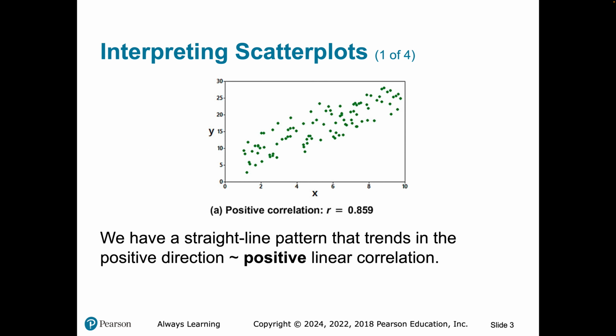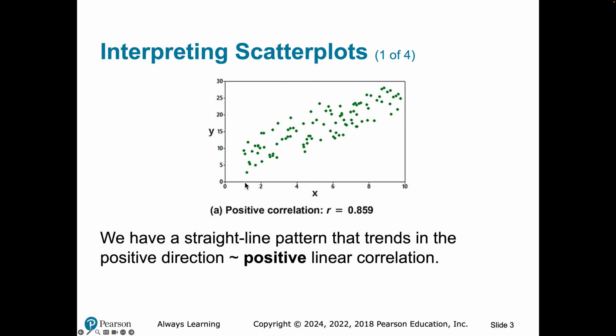So interpreting scatter plots, when I eyeball this one, I can kind of visualize a line going right up the center of that, indicating that I have a linear relationship. This would have a positive correlation because the trend of the data as x gets bigger, our y values typically tend to get larger.